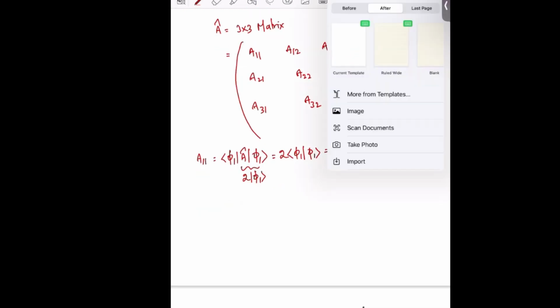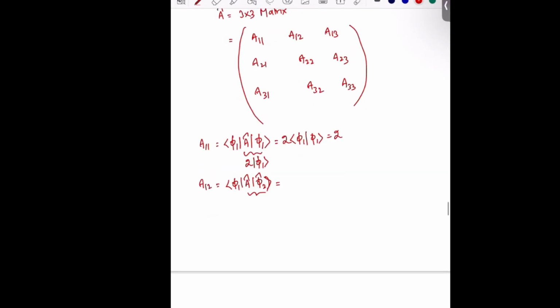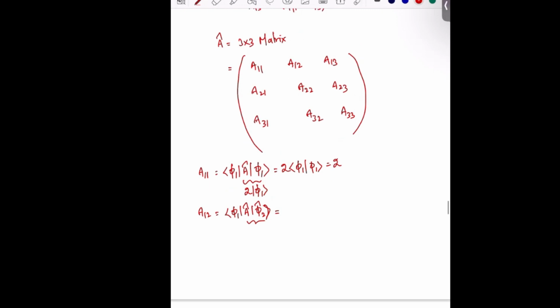So similarly, A12 will be phi 1, A phi 2, which is given to you, so there will be no A here. This is phi 1, and A phi 2 is 3 times phi 1 minus i times phi 3.